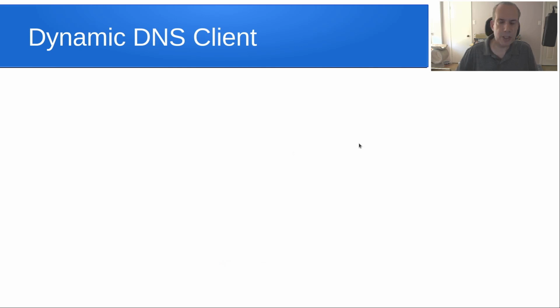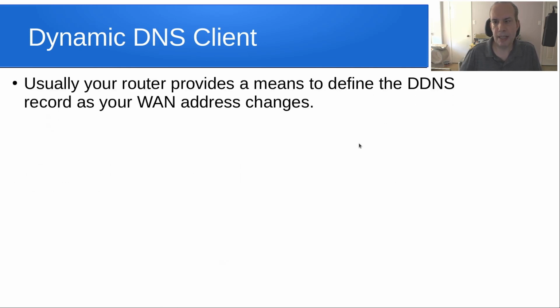So on the other side of that dynamic DNS record, we have to have a dynamic DNS client. And usually your router provides a means to define the DDNS record as your WAN address changes, as your ISP changes that WAN address. Like, for example, if you unplugged your cable modem for 2 days and plugged it back in, you might very well get a different WAN address.